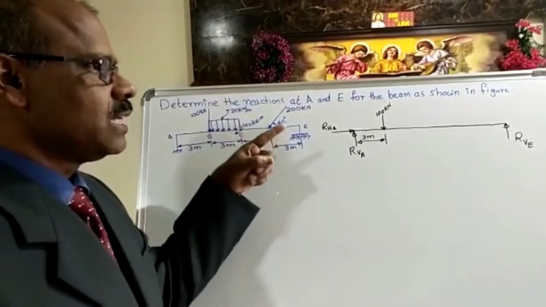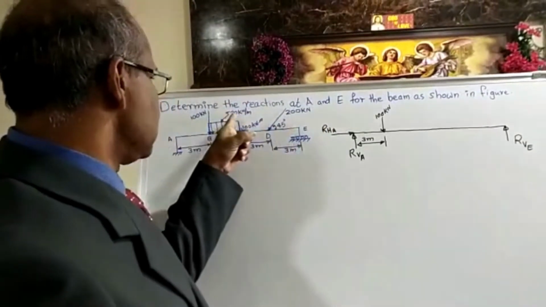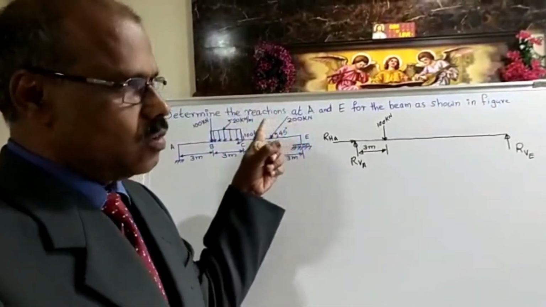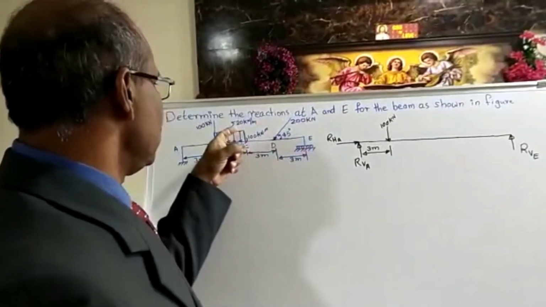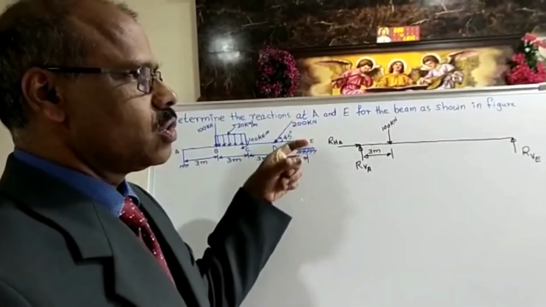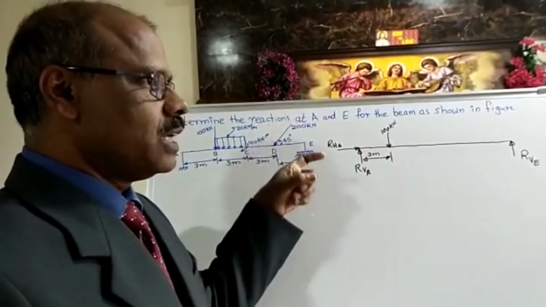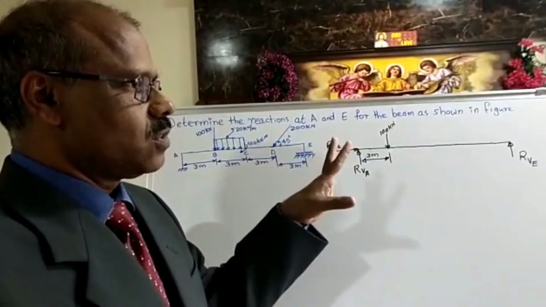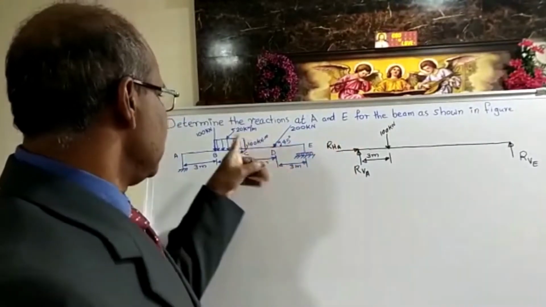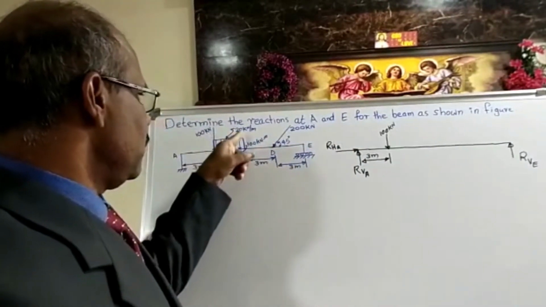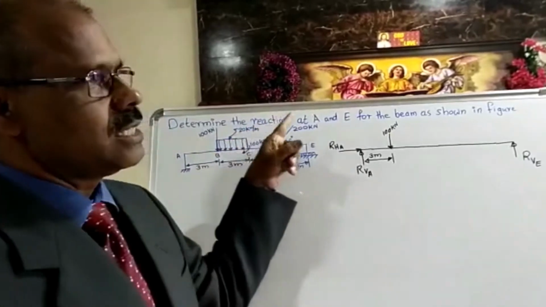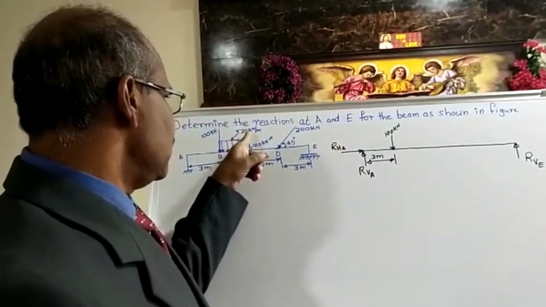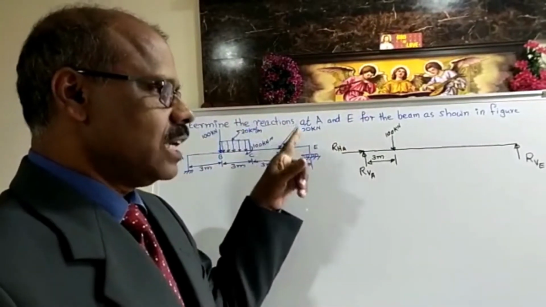So for 2 meter, what will be the load? 20 plus 20, it means 40. For 3 meter, it will be 20 plus 20 plus 20, so that will be 60. For 4 meter, it will be 80 kilonewton. Here it is 3 meters, so it means 60 kilonewton. Otherwise, we can multiply 3 with 20, then we will get 60 kilonewton.